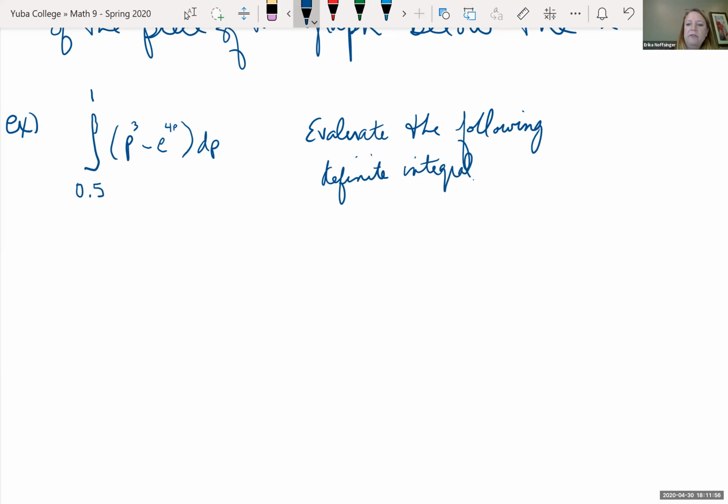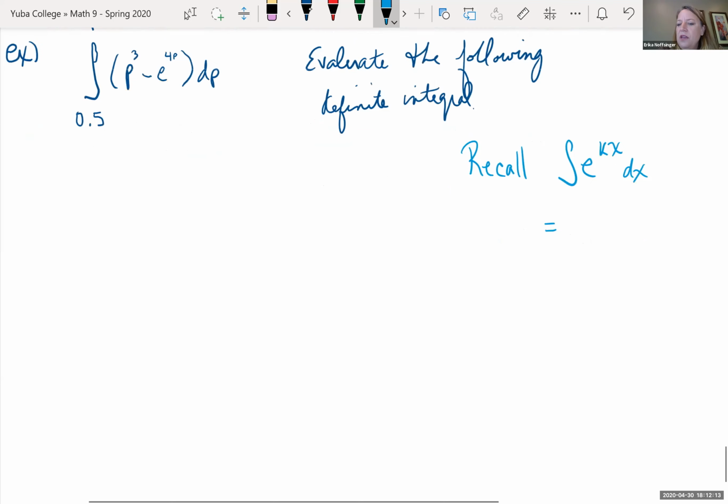Okay, so just recall there was a rule for e if that power wasn't just that variable. So if you had e raised to the kx dx, this was equal to the original e divided by the k.